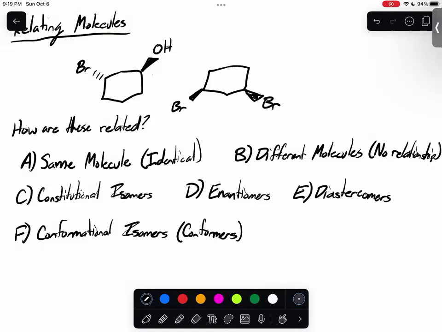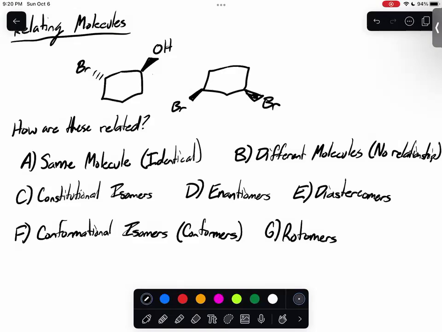Right? That's when we went through Newman projections and chair flips. Those were all conformational isomers. Another type that we haven't talked about yet, but exists, is rotamers, right? Rotational isomers. All of these could be what we would say is the relationship between the molecules up here.